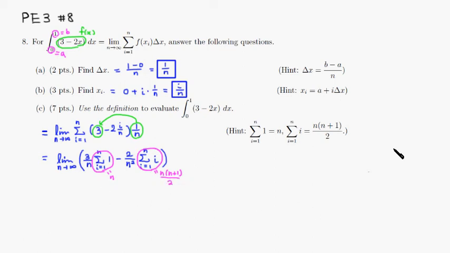So we can just write it out and simplify. So we have a limit as n approaches infinity of 3 over n times n minus 2 over n squared times n times the quantity n plus 1 over 2.